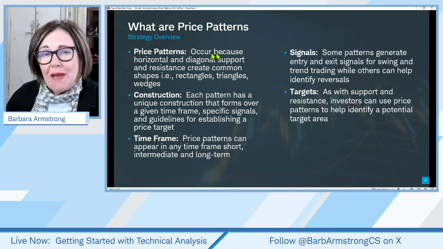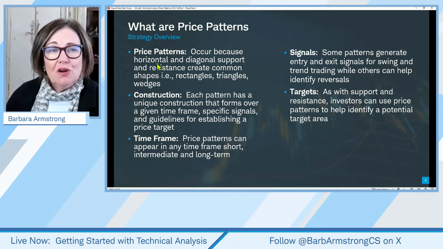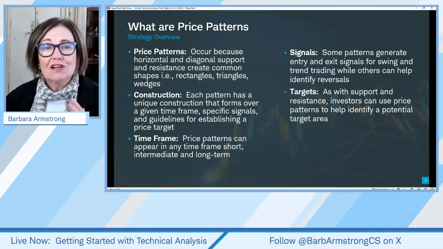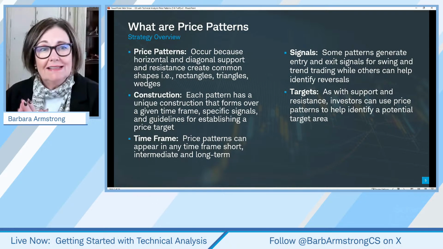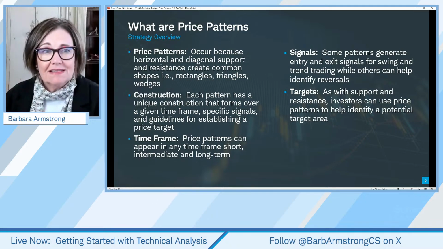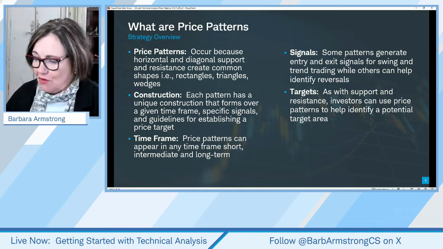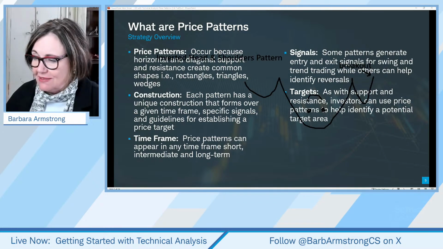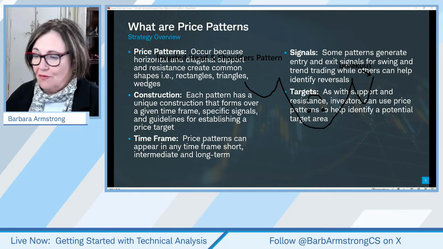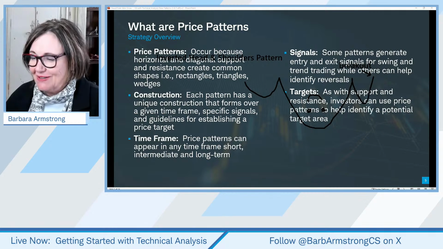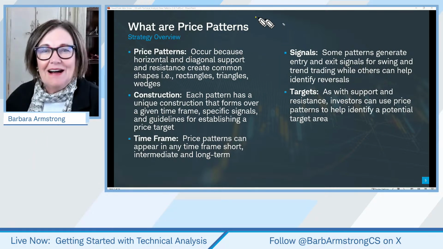So, price patterns occur because we have different horizontal and or diagonal support lines creating a pattern for us. And when we talk about triangles or wedges, that pattern tends to look like, just let me get my drawing tool going here. Oops, I was posting something on X, can you tell?